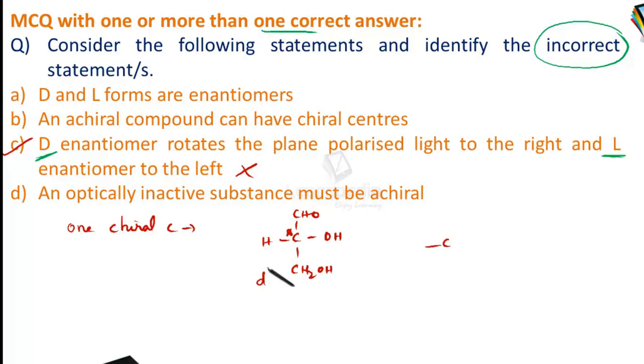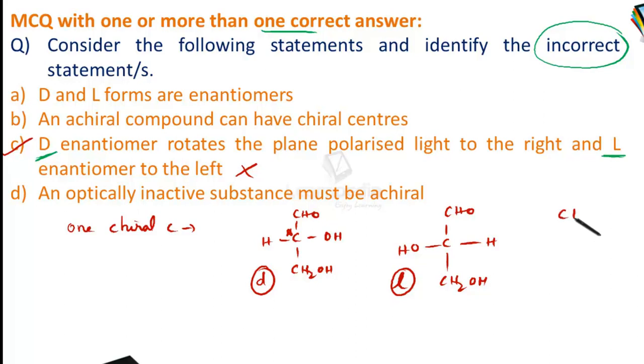And suppose this is dextrorotatory in nature, then this particular structure, which is the L form, will definitely be levorotatory in nature. So the D and L forms are enantiomers only whenever there is one chiral carbon, but that is not true for a compound with more than one chiral carbon atom.